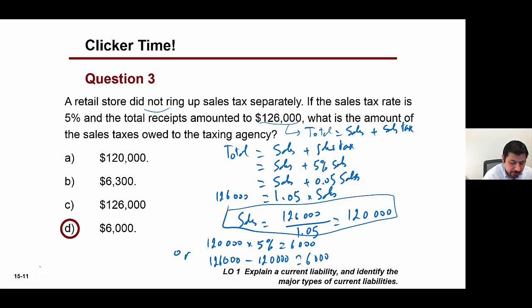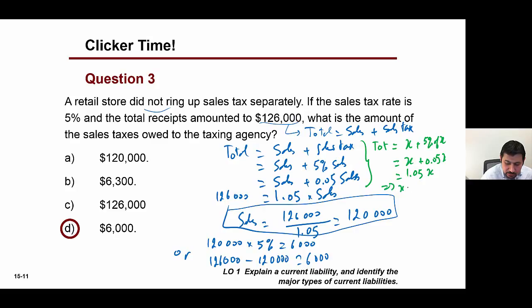If you want to think about it differently, like in math, it's the same way as if total is equal to x plus 5% of x, which is equal to x plus 0.05x, which is equal to 1.05x.